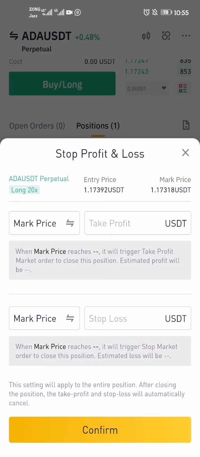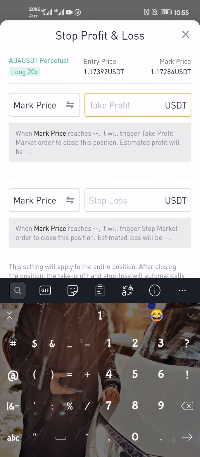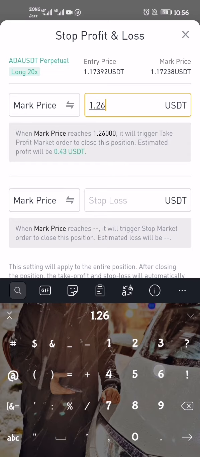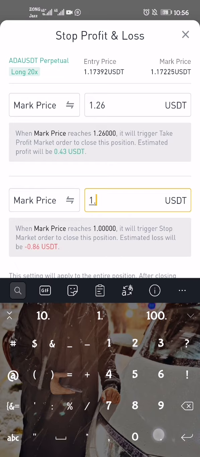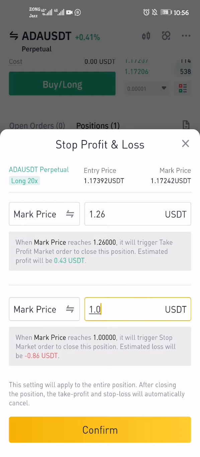Here on the pencil, if you tap, you can put the take profit. For example, 1.26. I'll get rewarded $0.43 at take profit 1, and for stop loss, for example, I put it at $1. So I lose $0.86 if the price gets lower than $1.